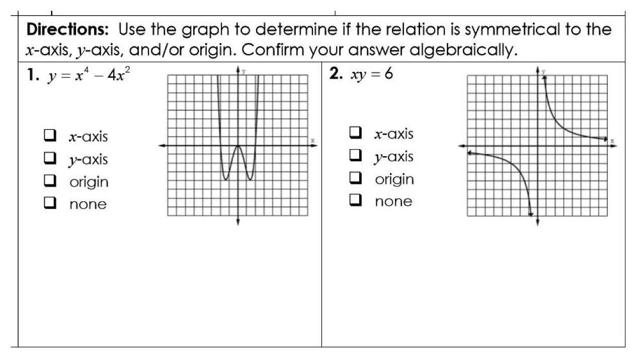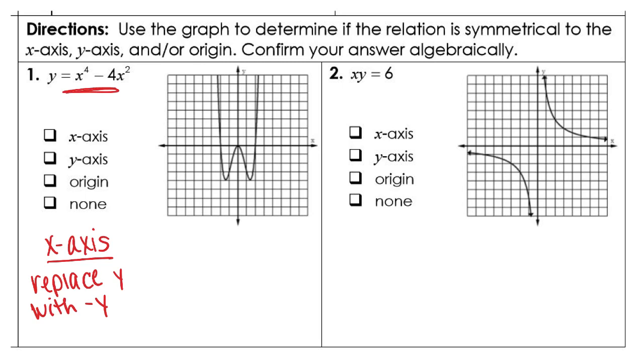For number 1, we need to see where we are symmetric about, so we can go through our different tests. If we want to check for the x-axis, the algebra approach is to replace y with negative y and see if we have the same exact equation that we started with.